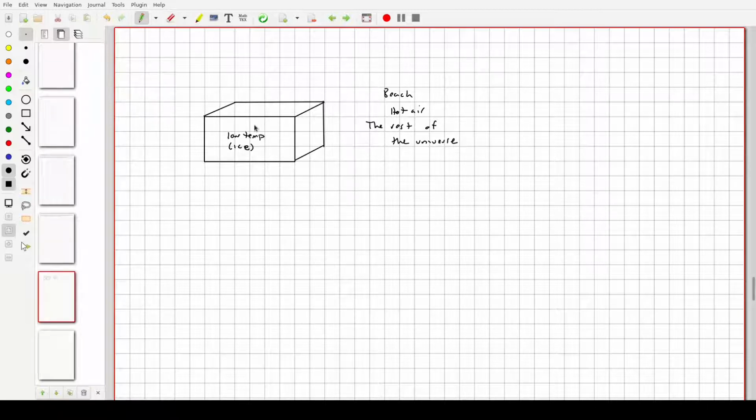So, for the sake of our class, the igloo container and what's going on inside would be considered the system. But the system itself lives in the real world, it lives in the rest of the universe. This is called the environment.